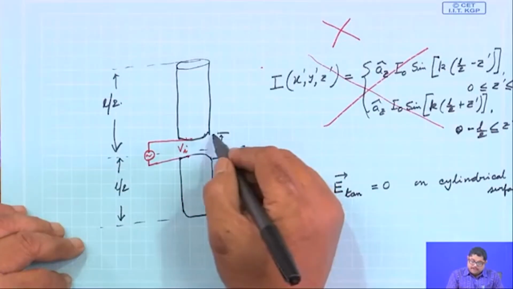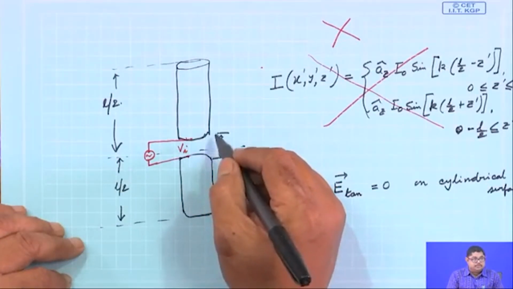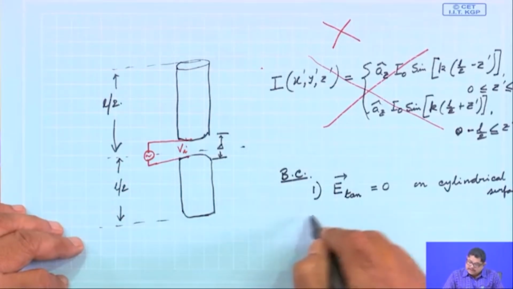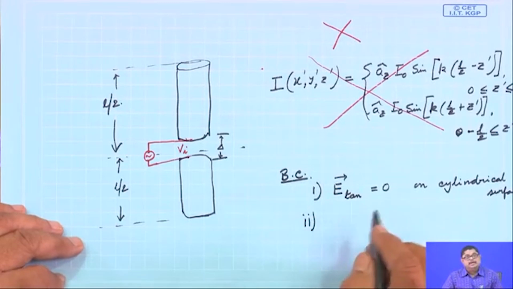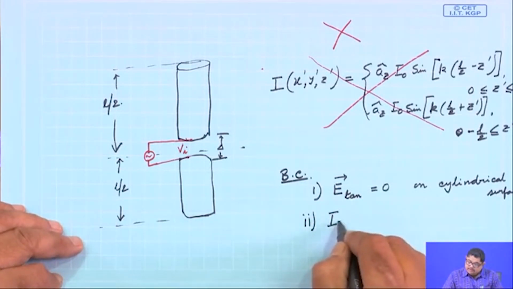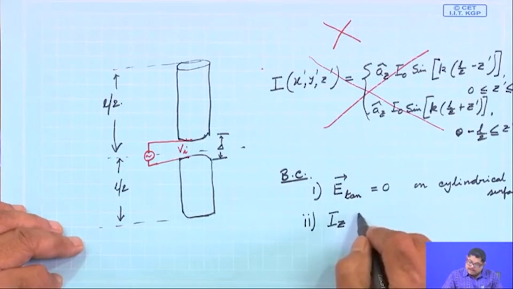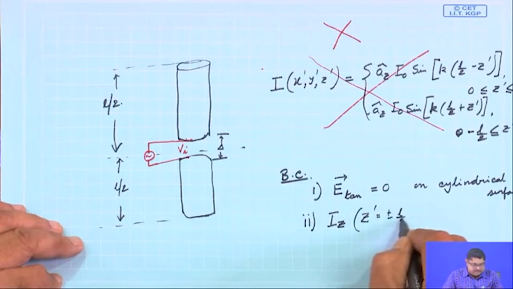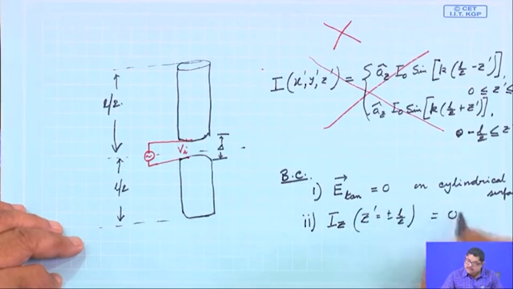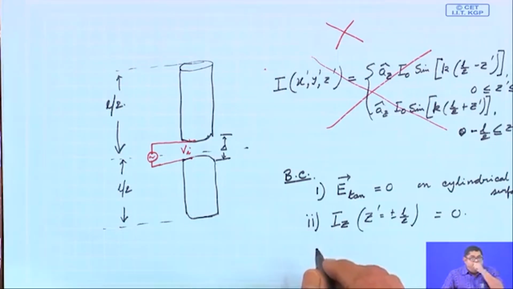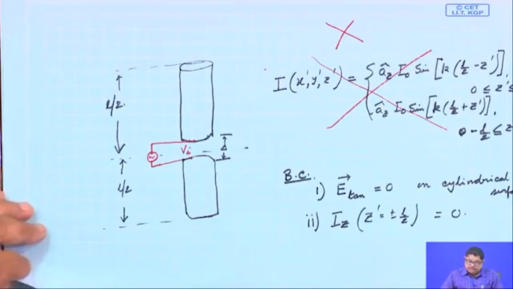This is always true, but please remember it is not true in the gap, only on the cylindrical surface. The second boundary condition is obvious: we do not know the current yet, but at the end points it will go to 0. These are the two boundary conditions we will enforce.